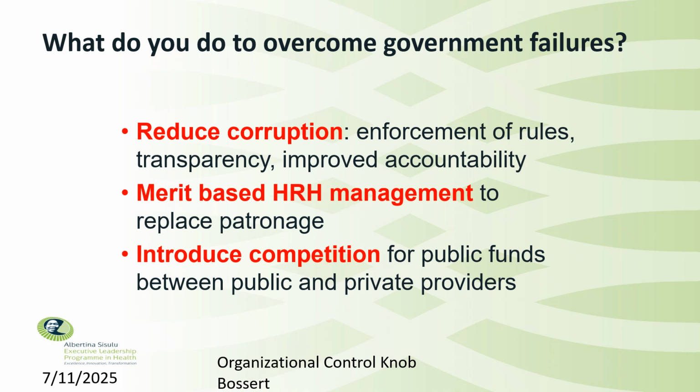You also want to have more merit-based human resource for health management to replace patronage. You want to ensure that there's competition for public funds between public and private providers. You don't want public entities to feel that they can do anything because there are no consequences. There must be some element of competition as an incentive to get the public organizations to function better.